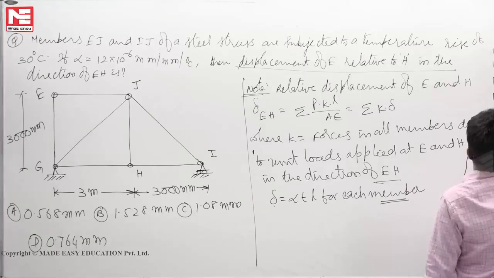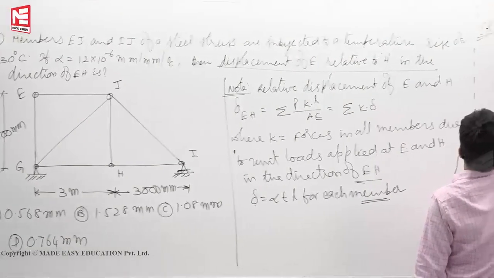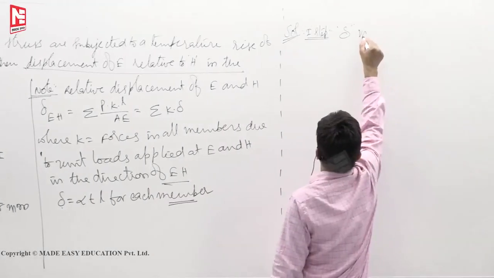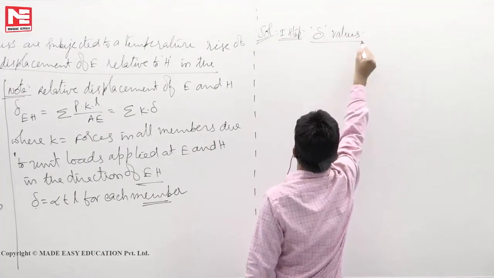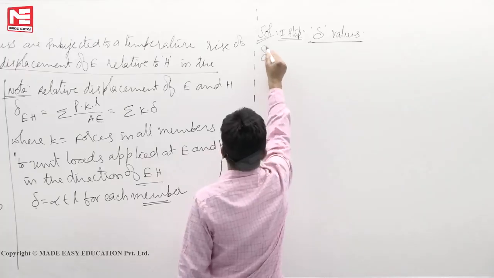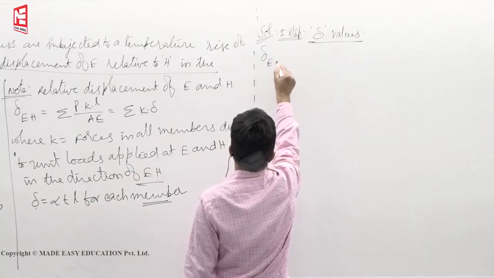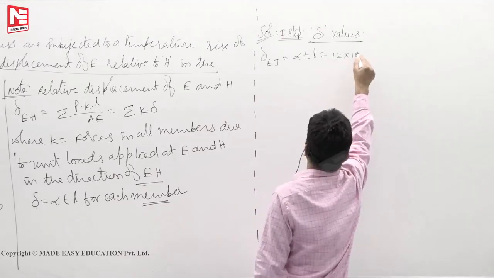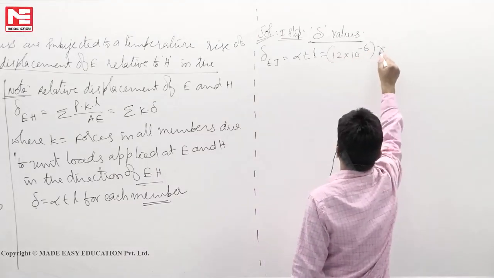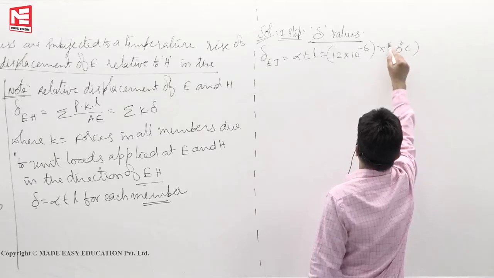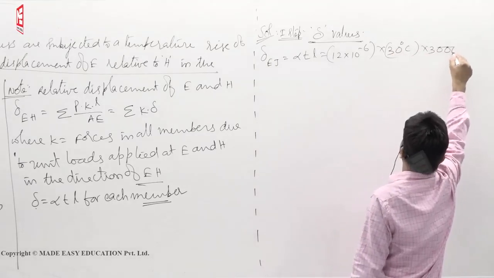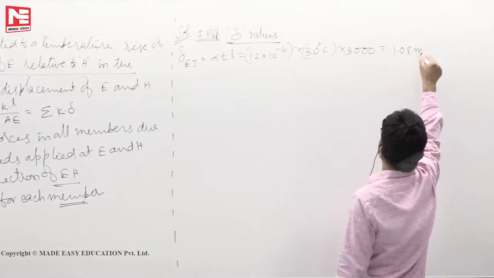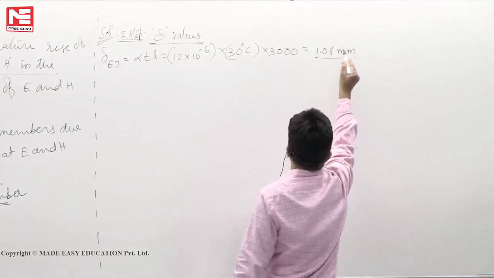Now let us see how we have to proceed. First step, delta values. Delta for EJ, alpha TL. Alpha is 12 into 10 to the power of minus 6. Temperature rise is 30 degrees centigrade. Length is 3000 mm. So 1.08 mm. This is elongation.